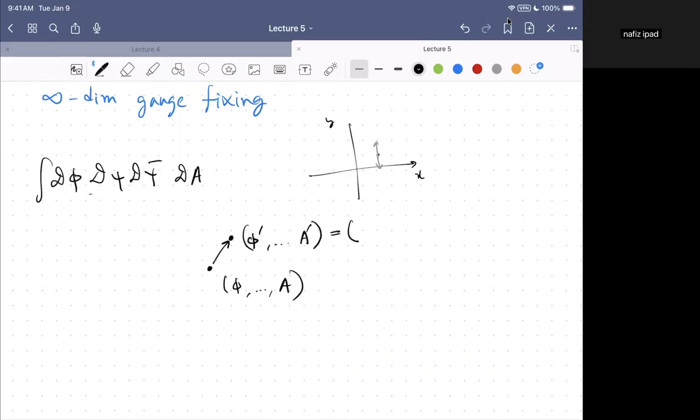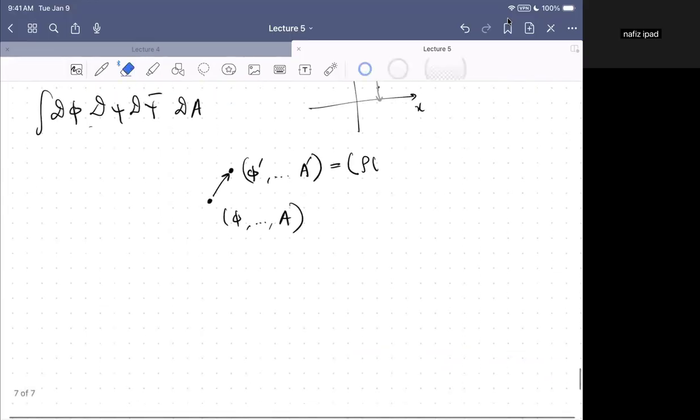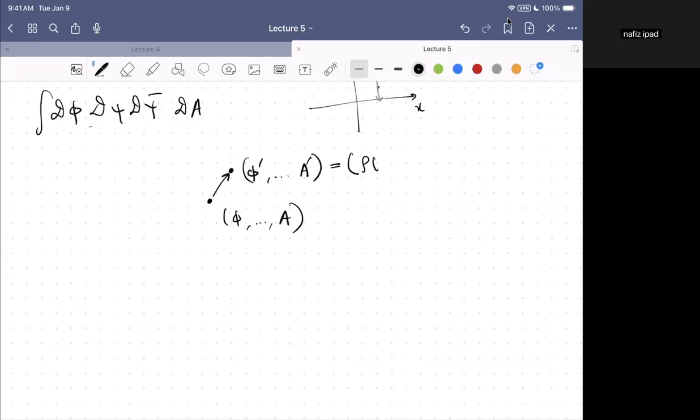So phi prime is going to be rho of some gauge parameters. Here, maybe I should first write down the gauge transformations. So what are the parameters of gauge transformations? You have one parameter for each basis vector of your Lie algebra, because you have one transformation for each element of a Lie algebra, but you can expand each element of a Lie algebra in a basis. So it suffices to consider the basis vectors. So theta A acting on phi.